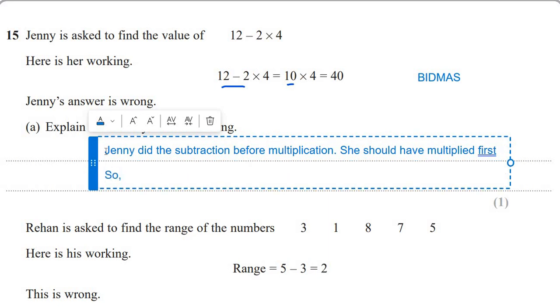So she should have done 12 minus 8. And the answer should be 4. And then we have another.